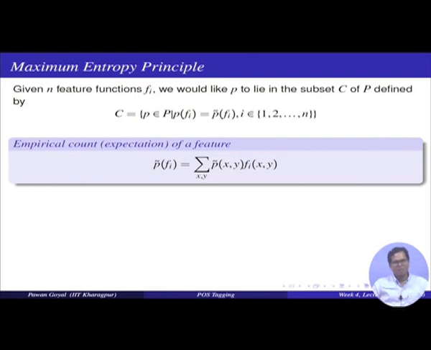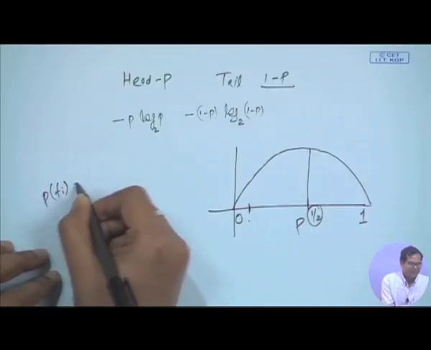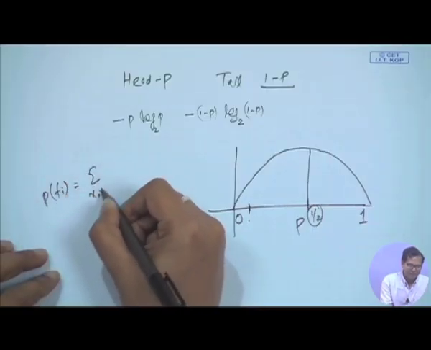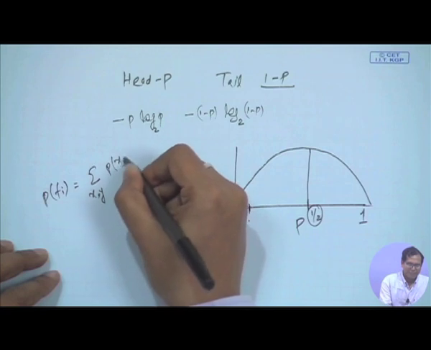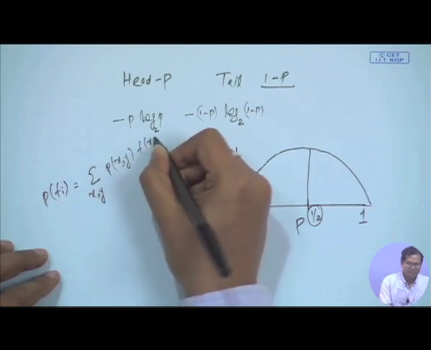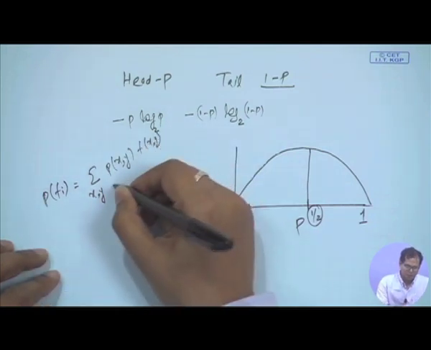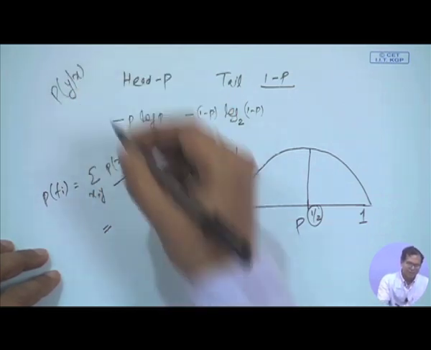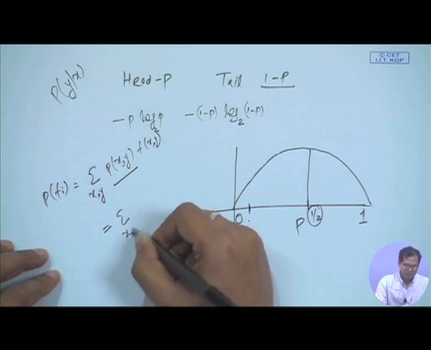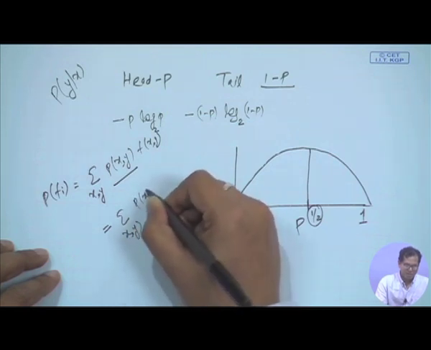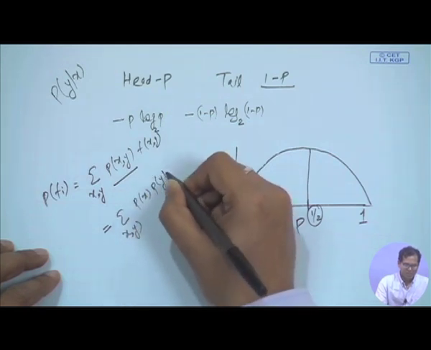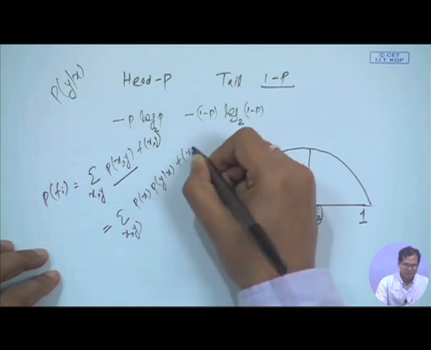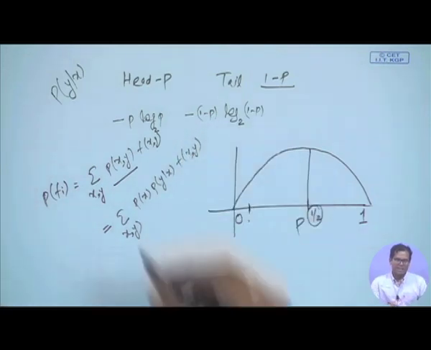Now what will be my model probability? The model expectation of fi will be the summation over x,y of p(x,y) fi(x,y). Because we are finally computing p(y given x), I can write this as the summation over x,y of p(x) p(y given x) fi(x,y).